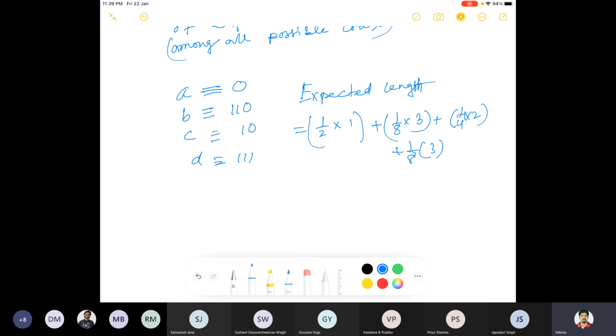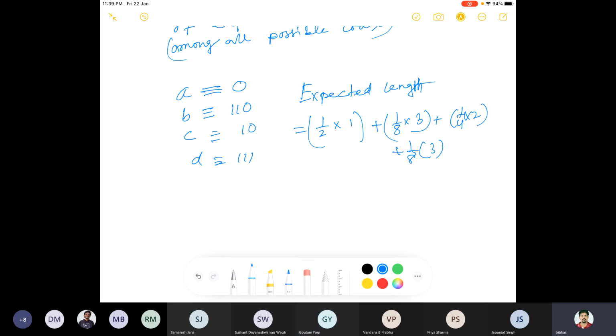Okay, and this value is what? Half plus 3/8 plus... Guys, can you see the screen? Yes, sir.